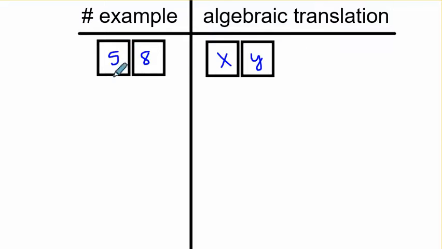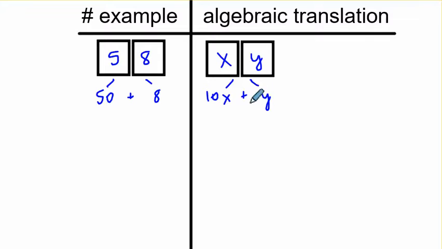So let's think about what 58 really means. Okay, 58 really means 50 plus 8. Because whatever digit is in the 10 spot is really representing 10 times that value. So if we think about it with our variables, we would really write this as 10x plus y.